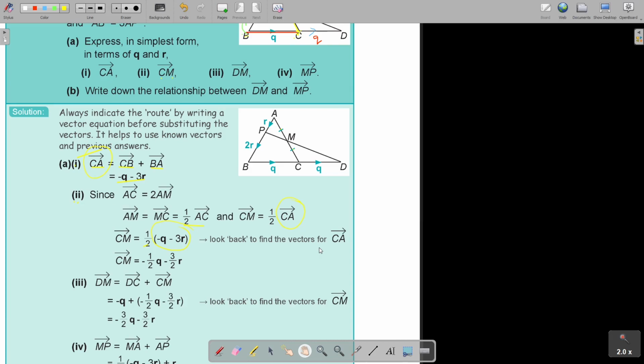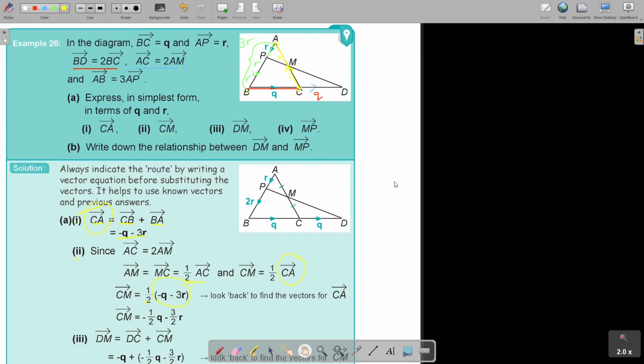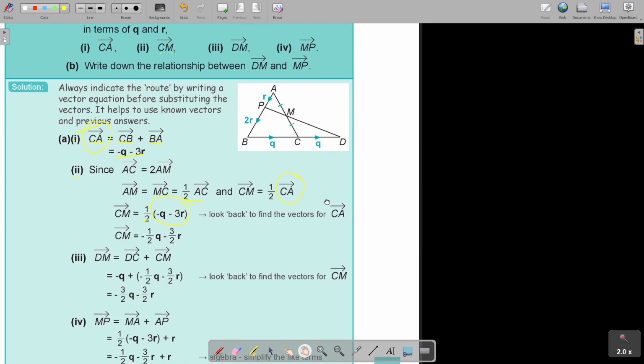And then MP, I think I'm going to just finish it. MP, again, just find the route that you have. If I can show you, you have this one, this one, this one, this one. Just start where I start and end where I end, and just follow that route.